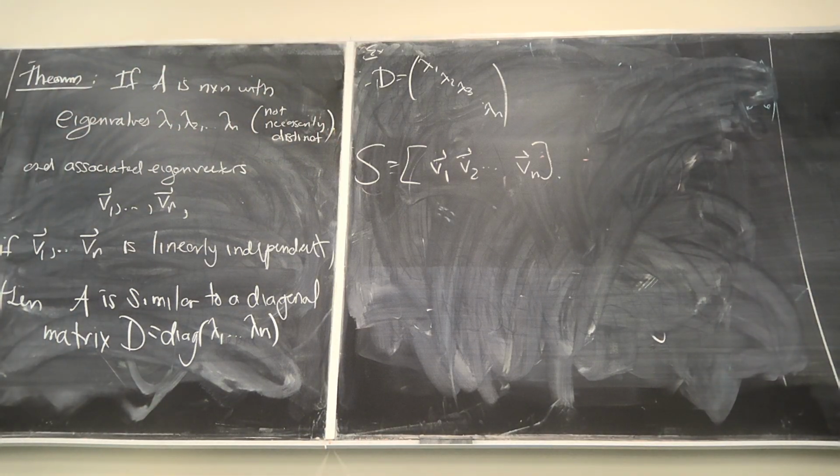So all of this comes down to having enough linearly independent eigenvectors. If you have enough linearly independent eigenvectors, you can write a matrix as S, D, S inverse.